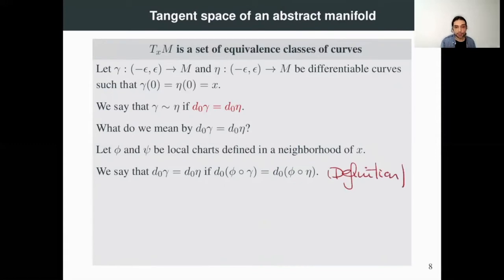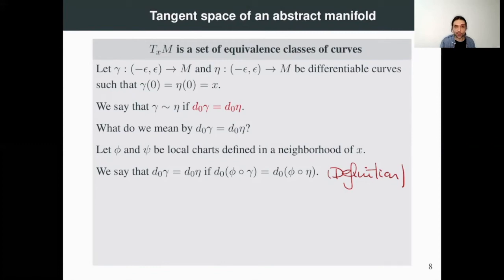There is no problem now because gamma composed with phi is a map between an interval and a Euclidean space. So we don't have to worry about anything, except one little detail: our definition depends so far on the choice of local charts, and that's bad.